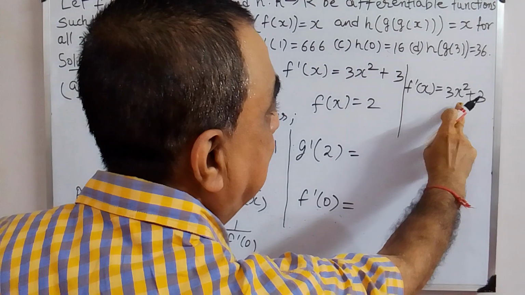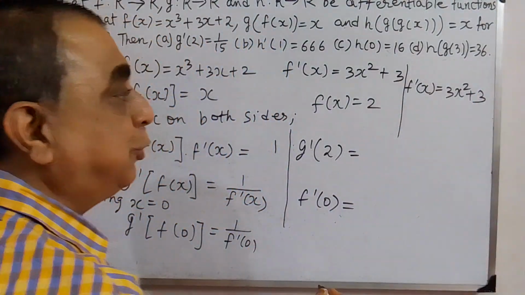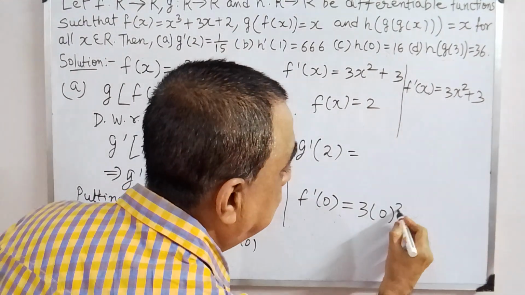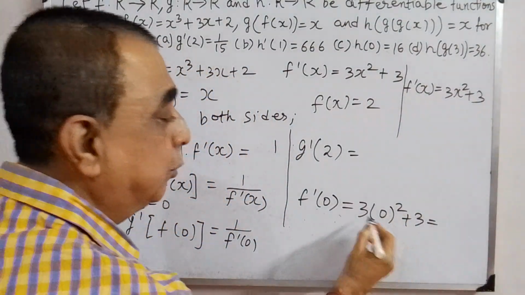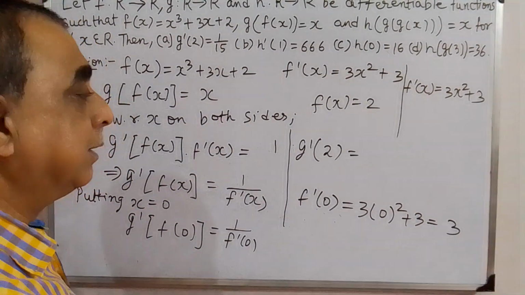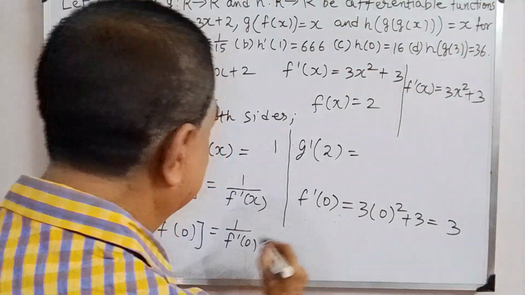The f dash x value is 3x squared plus 3. Putting x equals 0: 3 into 0 squared plus 3. 0 squared is 0, 0 into 3 is 0, 0 plus 3 is 3. So f dash 0 is equal to 3.